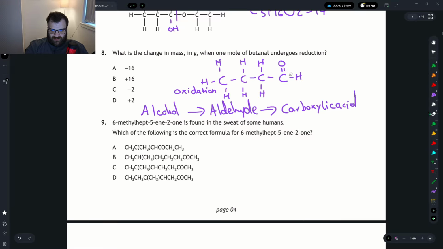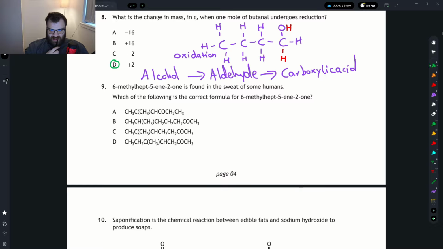How do I do that? Well, I'm going to have to change from a double bond O to an OH, and there has to be another hydrogen added on. It's 1 mole, so we're losing 2 hydrogens. Nope, we're gaining 2 hydrogens going this way. So we're going to be adding 2 grams of mass. And if it was an oxidation going the other way, we would be losing that too, because we'd knock off these 2 as well. It's testing our structures of aldehydes.